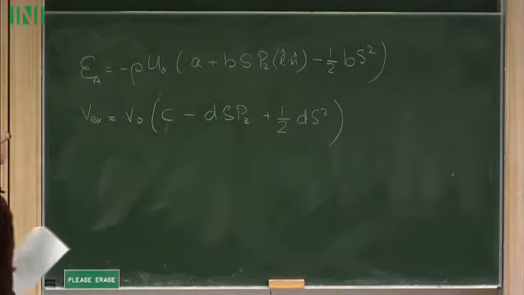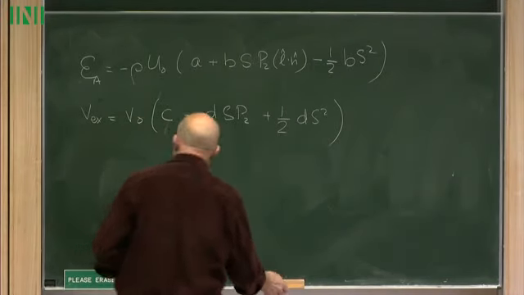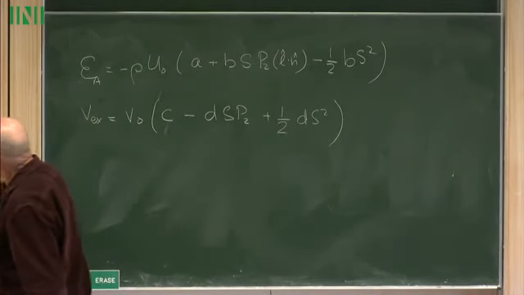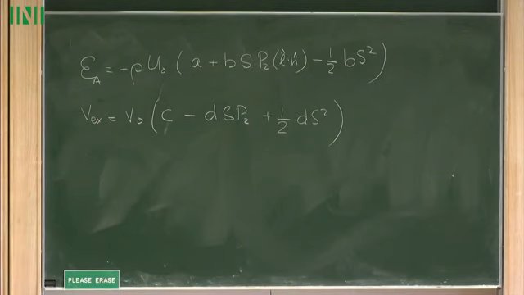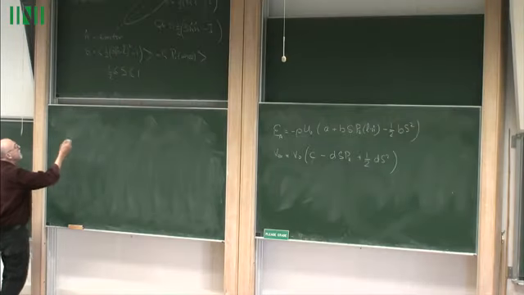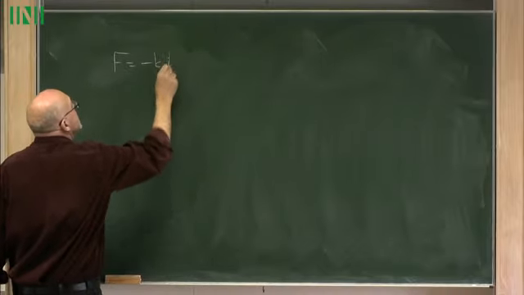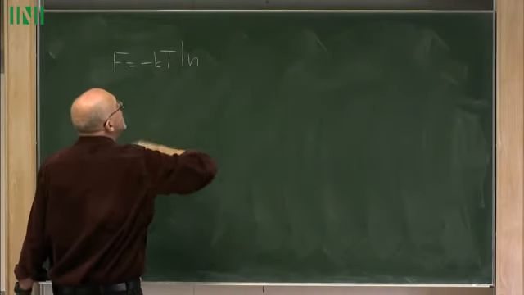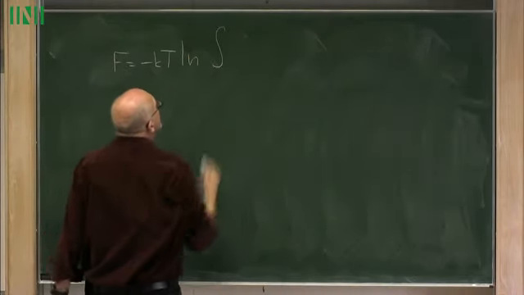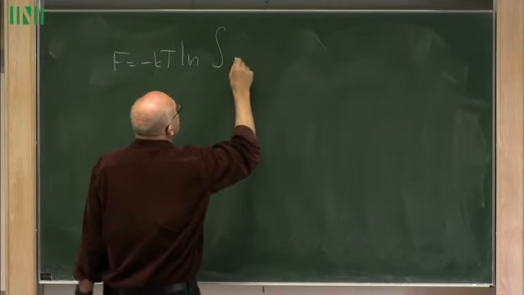Okay, so now we have somehow dealt, however crudely, with the interactions, both the short range and the long range, and now it's time to ask, what do we expect to see? So we start by writing down the free energy. So Helmholtz free energy is minus kT ln of some really complicated thing, right?